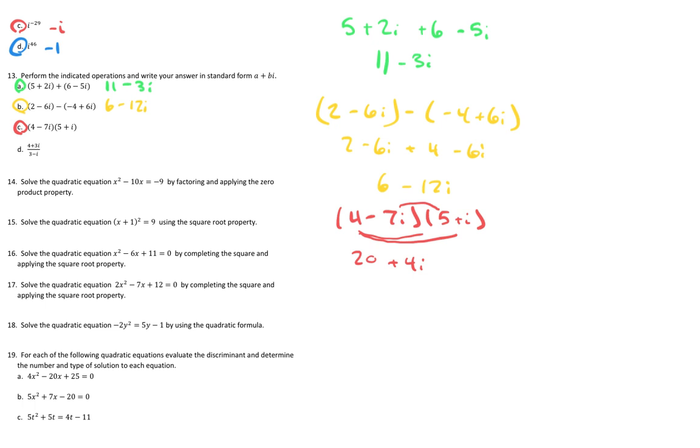Negative 7i times 5 is negative 35i. And negative 7i times i gives us i squared. I squared is just negative 1, so we wind up with plus 7. So all this together, we get 27 minus 31i.